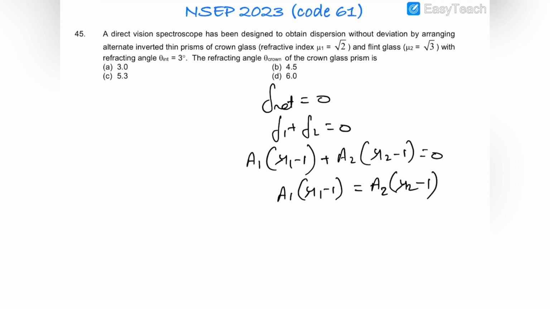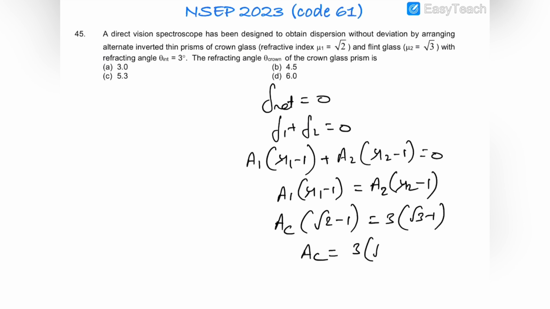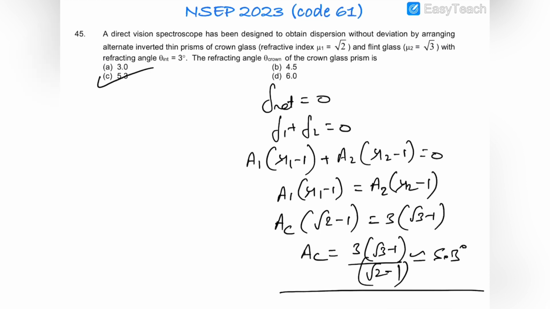So just ignore that negative sign, and a1 is the angle of prism of crown glass, so it is AC, and mu is root 2 for the crown glass, and for the flint glass A2 is 3 and mu2 is root 3 minus 1. So AC will be equal to 3 into root 3 minus 1 upon root 2 minus 1. So this will be approximately 5.3 degree. So the correct answer is C. Now we move on to the next question.